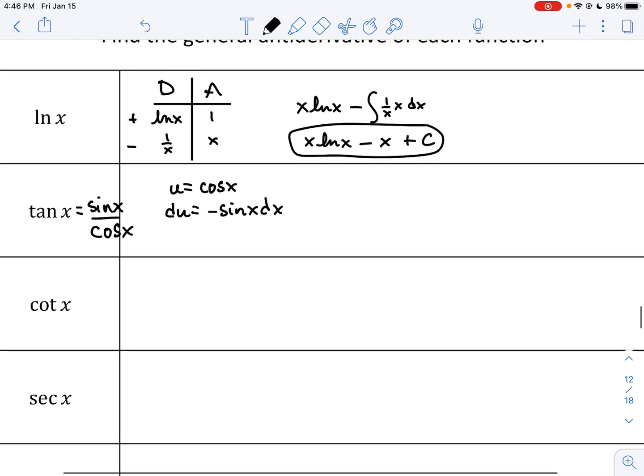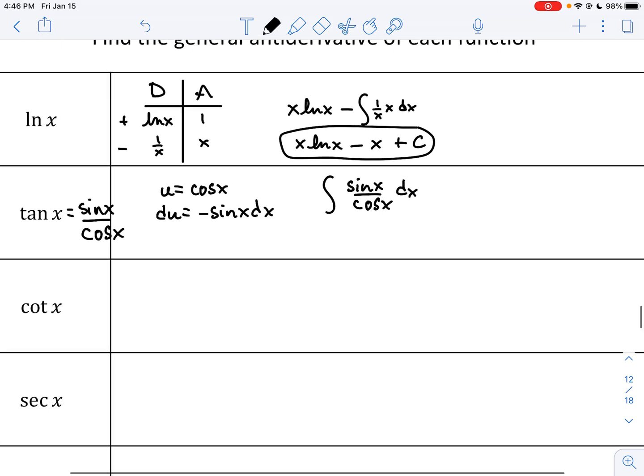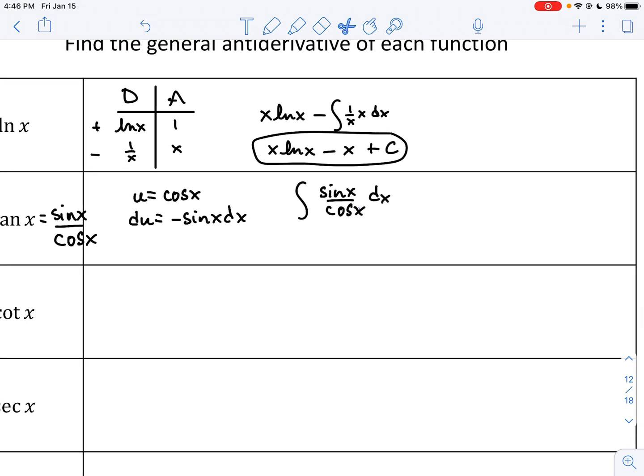Therefore, my original problem, the integral of sine of x over cosine of x, we're going to call this down here u, and notice that if I move this negative to that side, then I would have sine of x times dx is equal to negative du. So there's a sine of x times dx that becomes negative du. This really just winds up being negative 1 over u du, which is negative natural log of u.